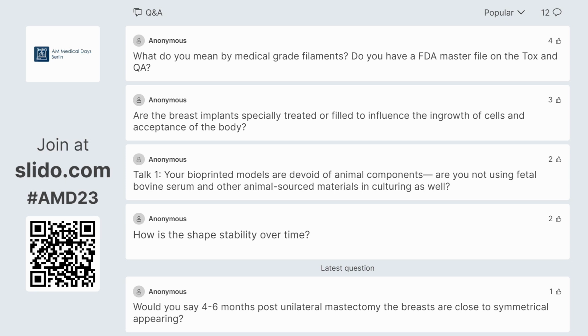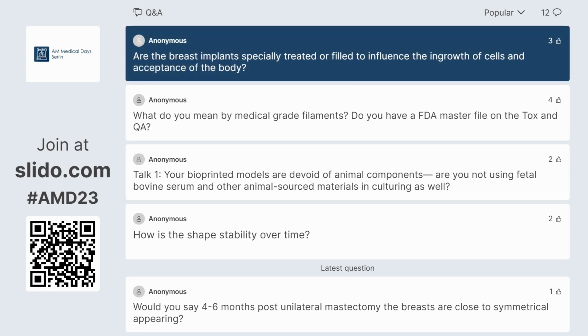Next question: are the implants specially treated or filled to influence the ingrowth of cells and acceptance by the body? There is no chemical or surface treatment, so it's a pure biomaterial itself. One thing Philippe did not say about the influence on growth is that it's also mechanically induced.